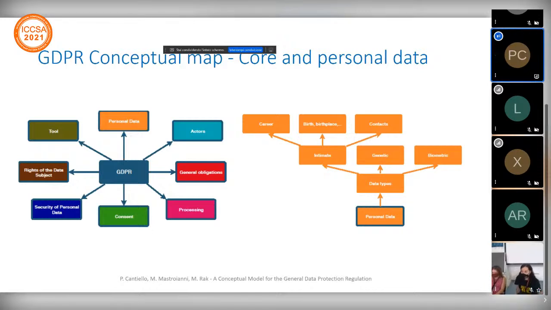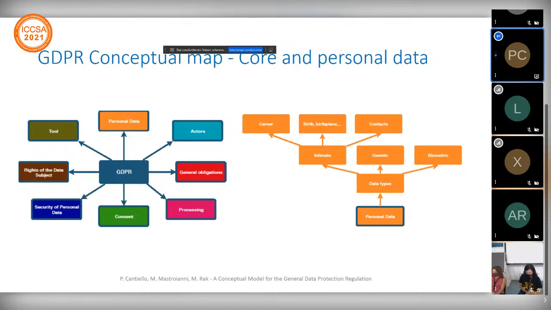We can see the actors involved, the general obligations that a processor or controller should apply, the processing, or all the treatments that are made on data, consent, which is a special part of the GDPR, some security and personal data concerns, the rights of the data subject, and the tools that whoever is obliged to adhere to the GDPR should use and have approved.